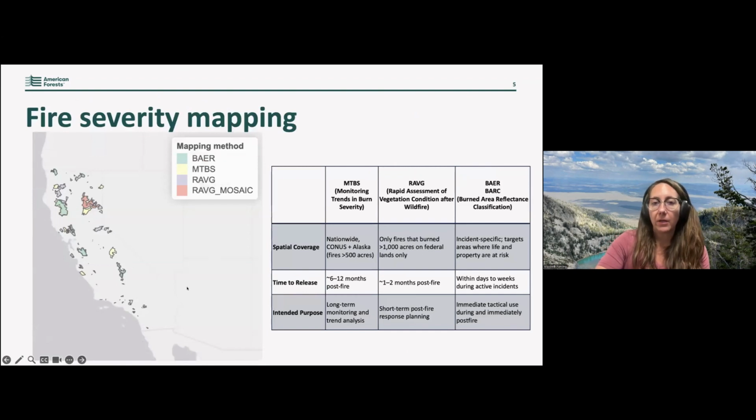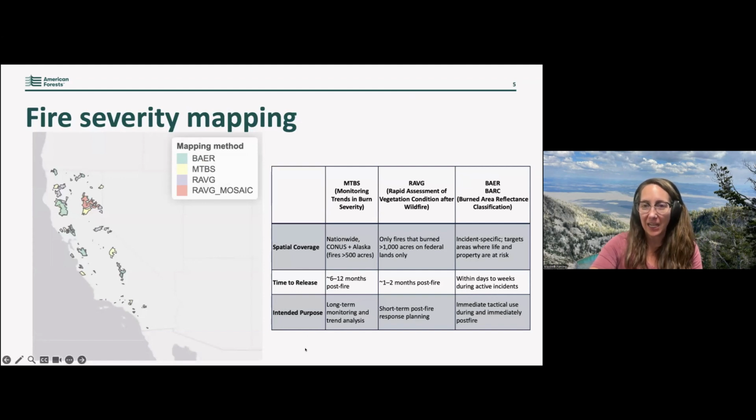So when we talk about this fire severity mapping, each of these different existing programs to map wildfire severity have their own quirks and their own targeted reasons for being produced. So I want to talk about this for a little bit.